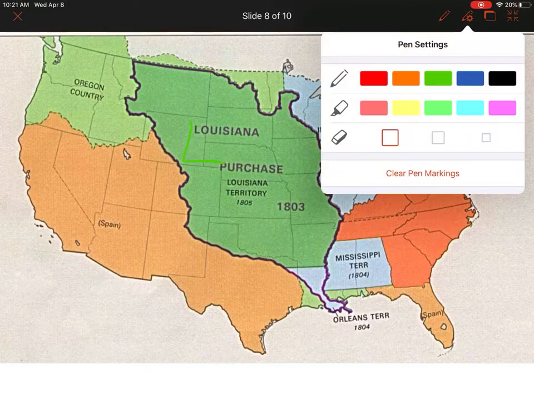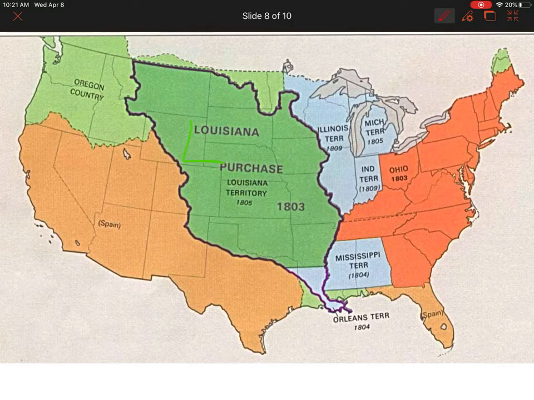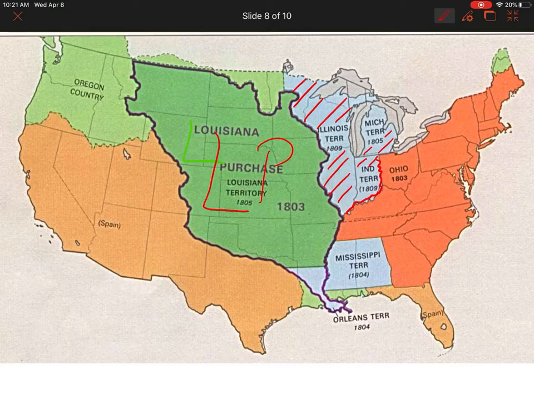All right, so you can see on the map, I'll use red, the Louisiana Purchase territory that we learned about last week. There weren't a lot of Americans moving out there yet, but these territories, the light blue territories near present-day Michigan, Illinois, Indiana, those territories were becoming very crowded.